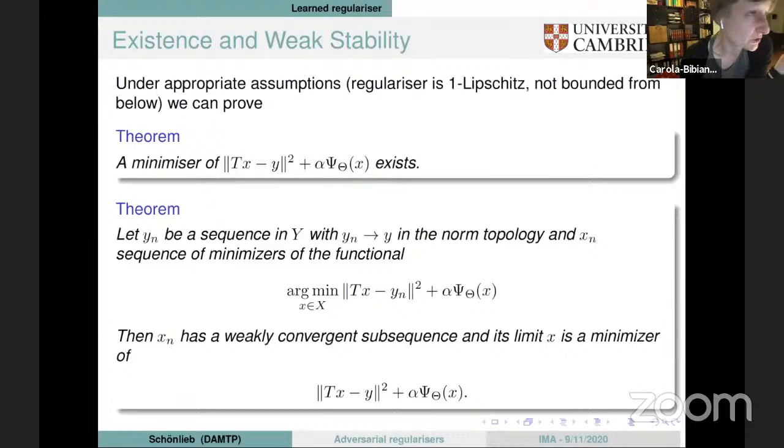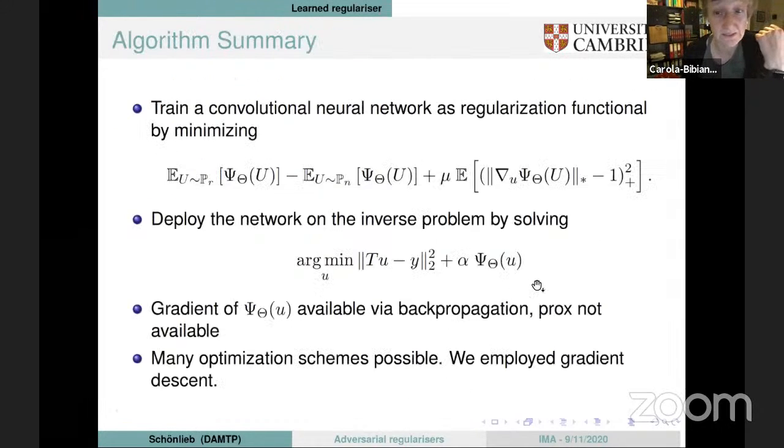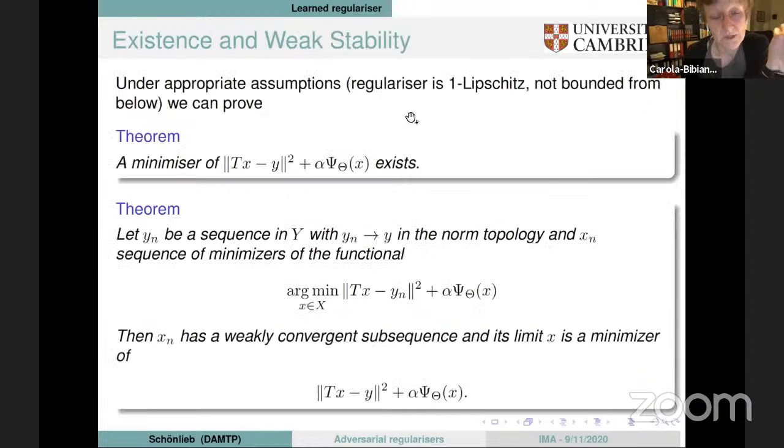The good thing is, because I have a variational problem, I can now prove things about it. Of course, one issue is that if you don't do anything more, this is super non-convex. Actually, I also can't assume that the regularizer is bounded from below. The only thing I assume is one Lipschitzness, at least approximately.